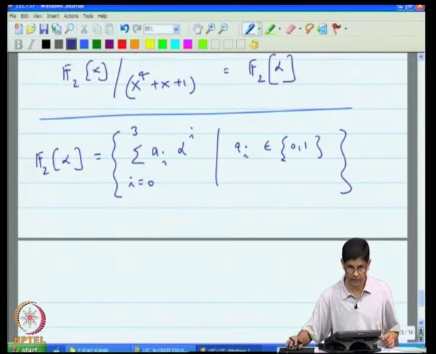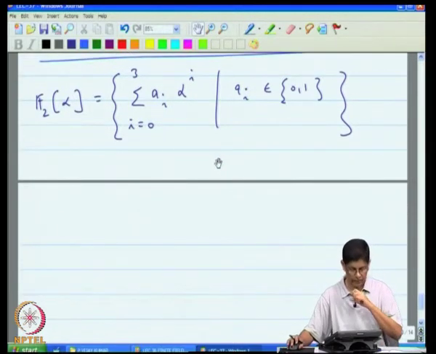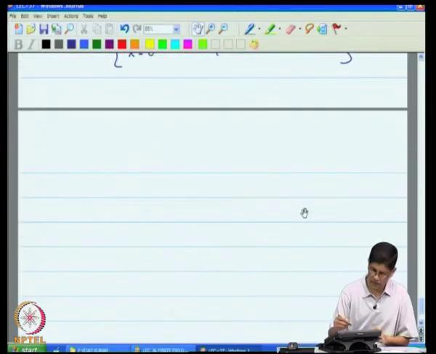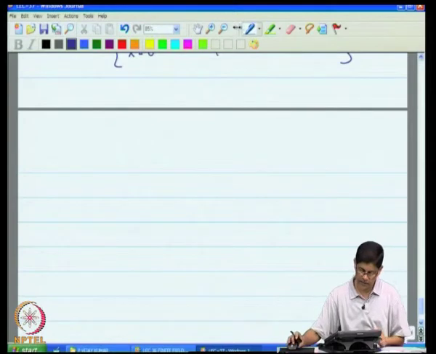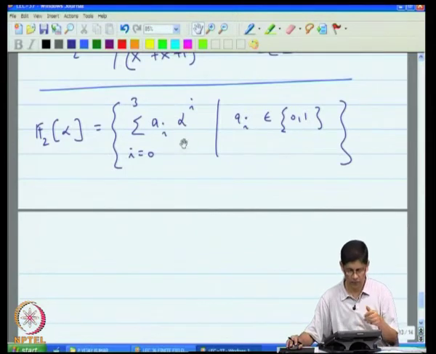And clearly, since the coefficients are allowed a binary choice, there are 16 such elements. Now you consider every possible set of these coefficients, and you can think of them as 4-tuples.